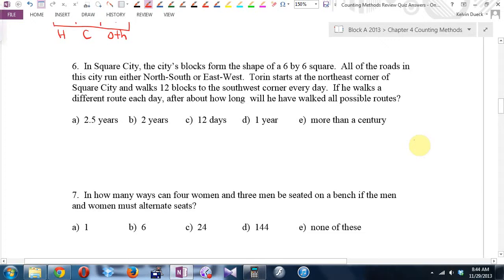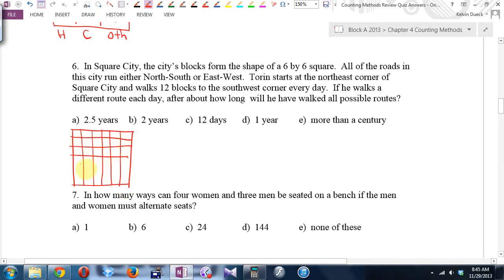Number 6. In Square City, the city's blocks form the shape of a 6x6 square. Uh-oh, I got to draw a picture. I think that's 6x6.